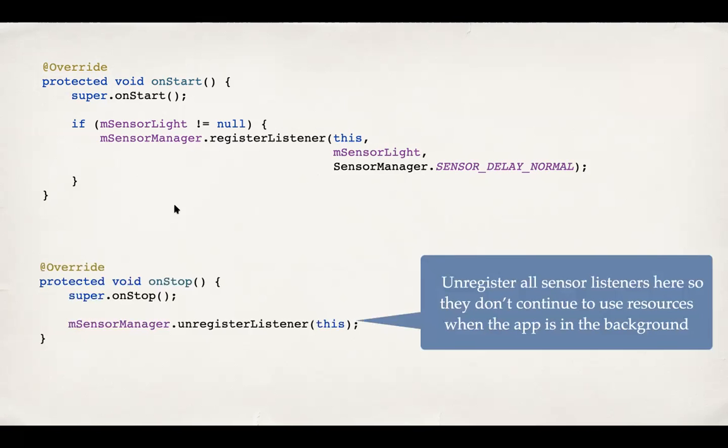It is important that you unregister all the listeners that you have registered, so you don't keep on eating up resources that you are no longer actively using. So that's another example showing where onStart and onStop or other lifecycle methods can play a role, and why it's important to understand those and use those.